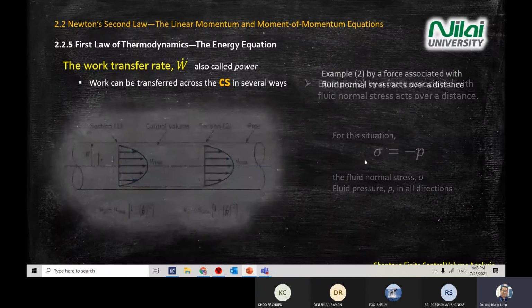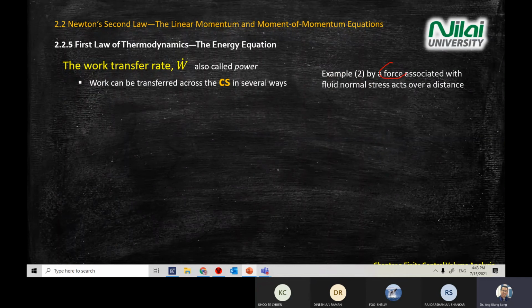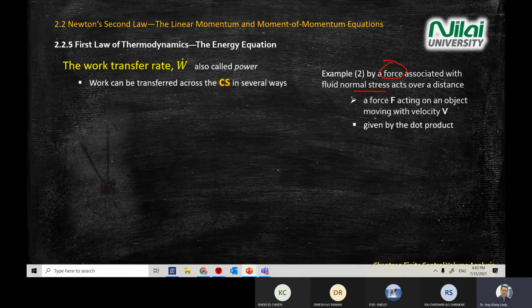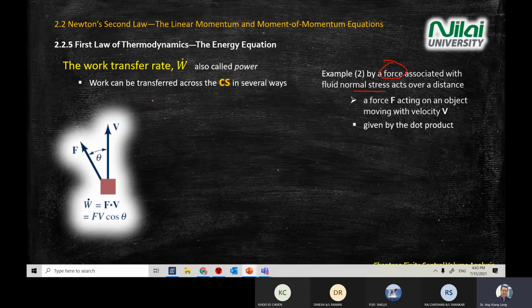So we substitute by the second scenario, where we look at force and stress. There's a vector diagram, especially when you deal with force and velocity, as you can see in the diagram on the left-hand side of your screen. If you move something at a certain velocity with a force, you can describe the phenomenon as power.